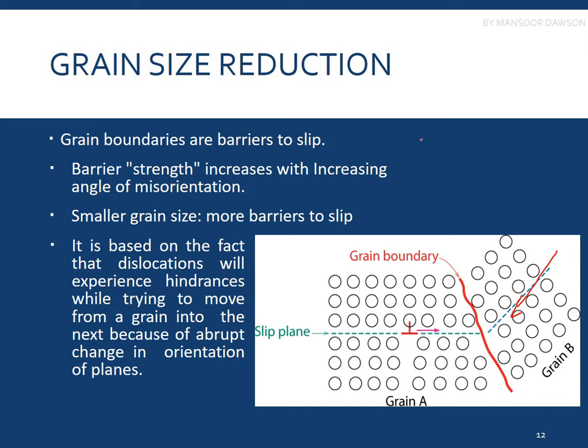So by this, the strengthening is increased. So misorientations are very desirable in order to increase the strength, and smaller grain sizes, which we call fine grain size, are desirable in order to increase the strength. But in this case, the ductility is being compromised because the plastic deformation is being resisted at the grain boundary.